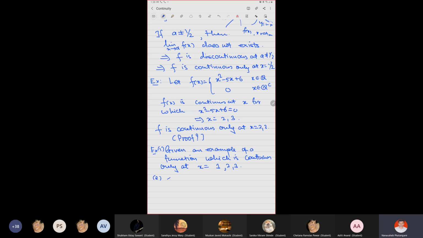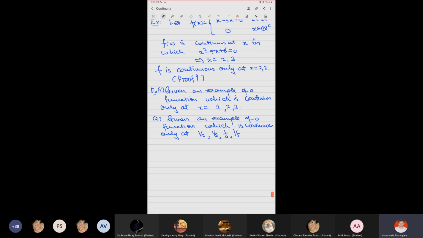Can you produce such a function? Or of a function which is continuous only at 1 by 2, 1 by 3, 1 by 4, 1 by 5. So such examples certainly you can construct. It is possible. At all other points discontinuous.